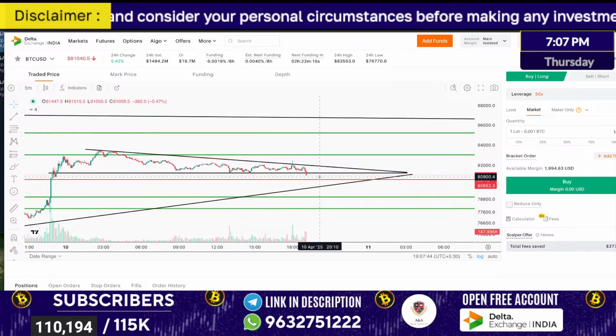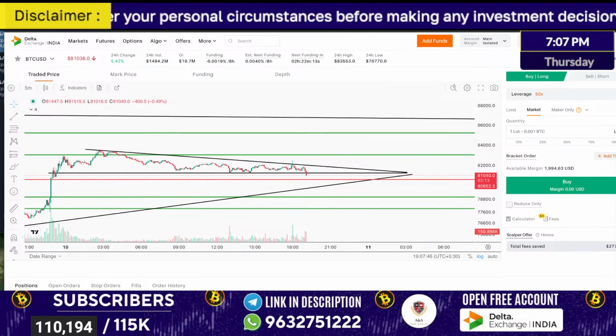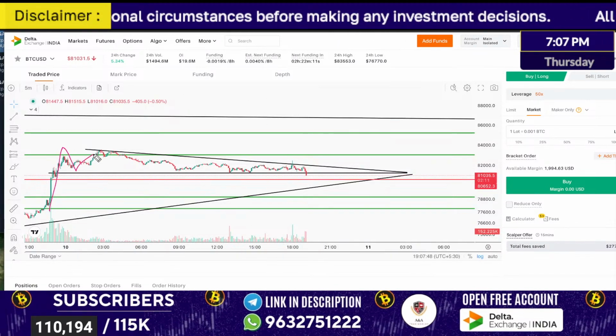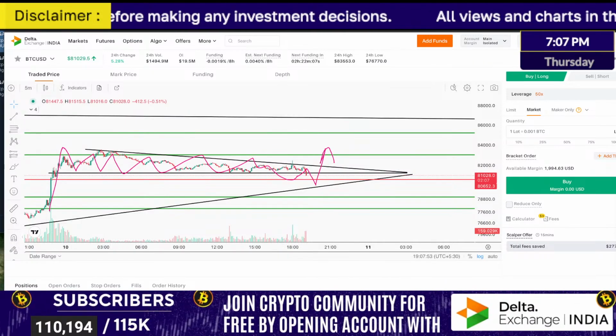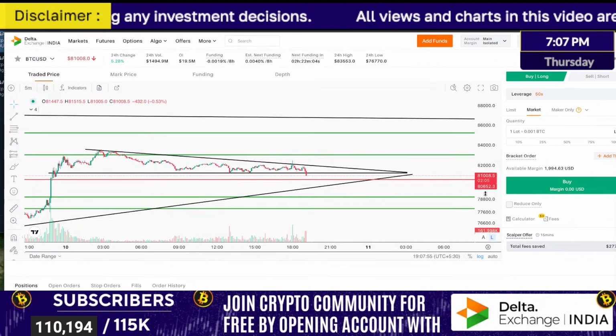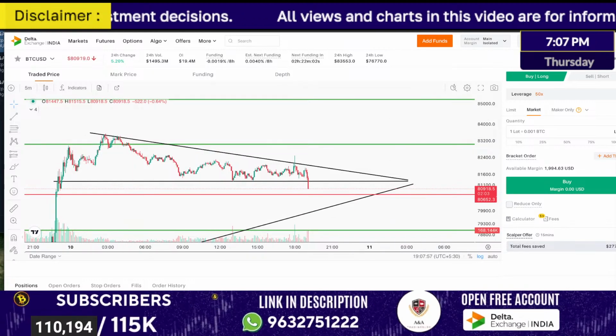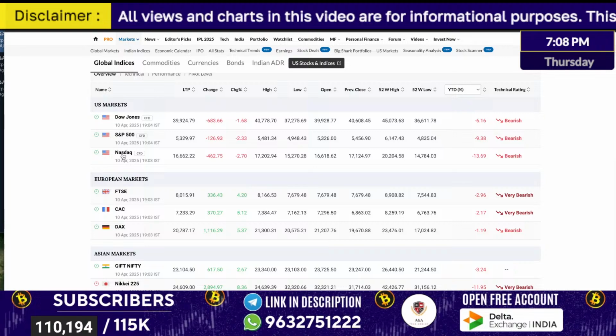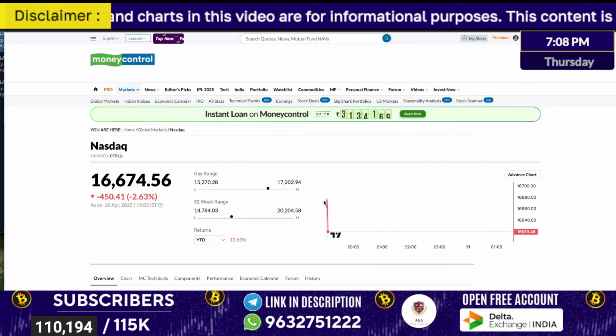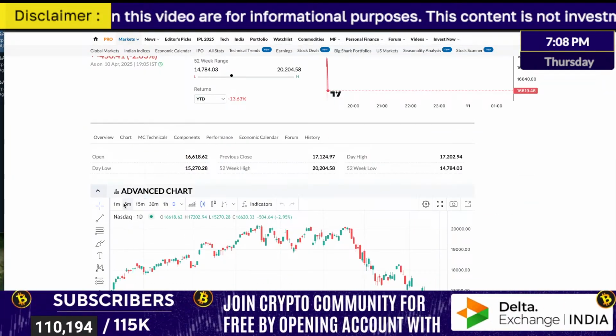This area can be the zone where the market can accumulate, trap people, and then move. That possibility is there. I'm just going based on stop loss hunting and I'm telling you everything is low. We will see the charts of these indices also to get a better idea.